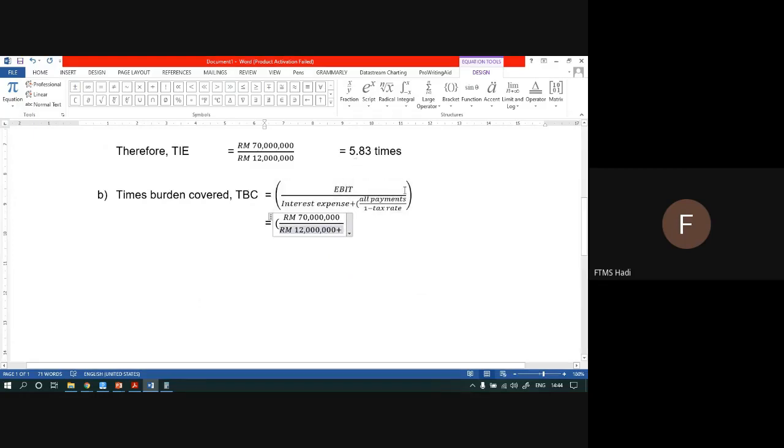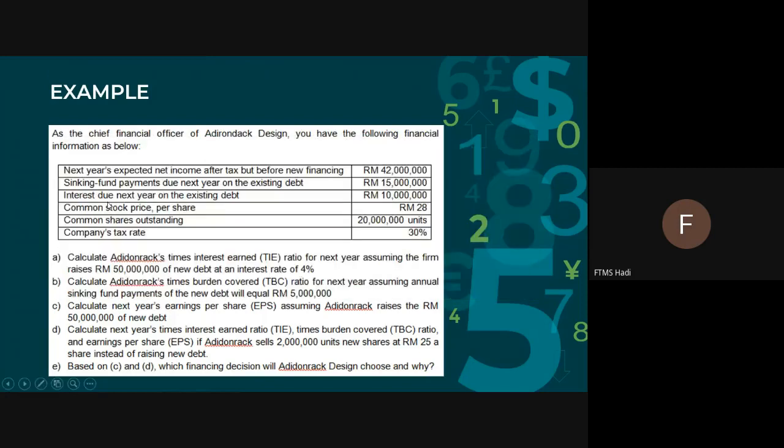All payments divided by 1 minus tax rate. All payments here, you need to include the sinking fund payment, 15 million, plus the new sinking payment of 5 million. So you need to add up those two.